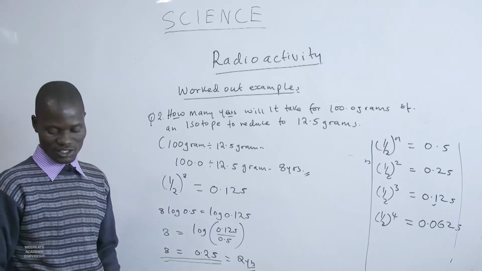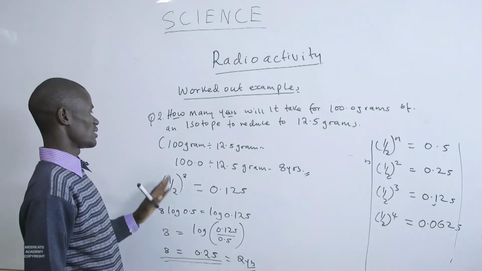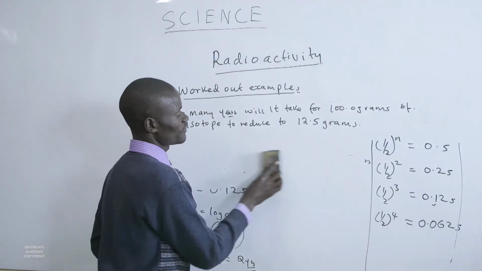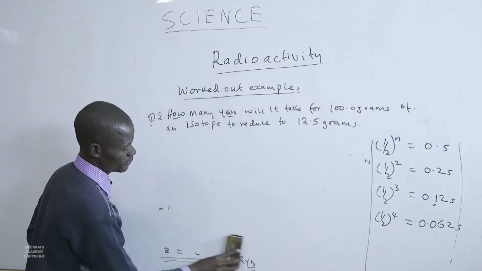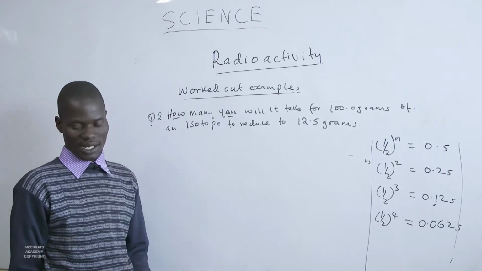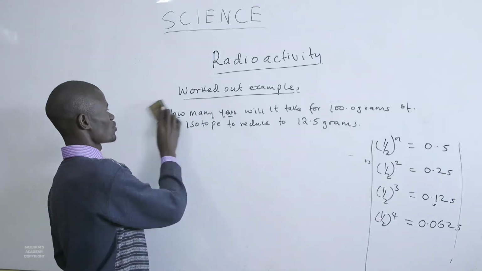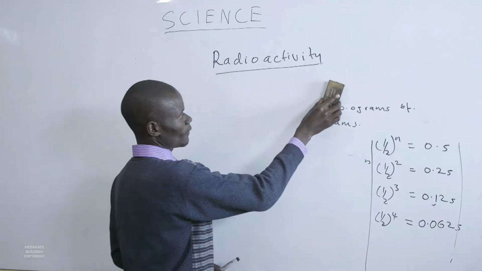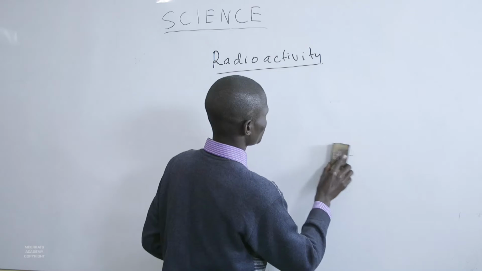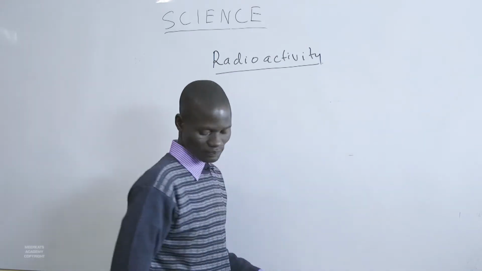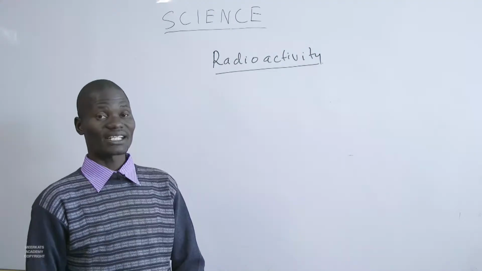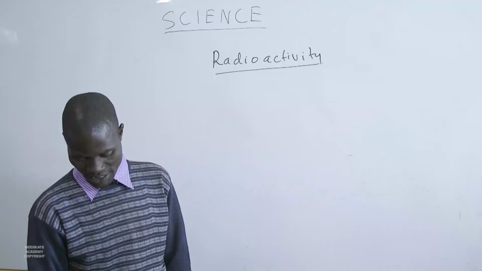And that brings us to the understanding that when we look at the radioactivity series, we are able to find out the period over which a given mass can reduce. Having looked at this, there is also another simple way of looking at it.